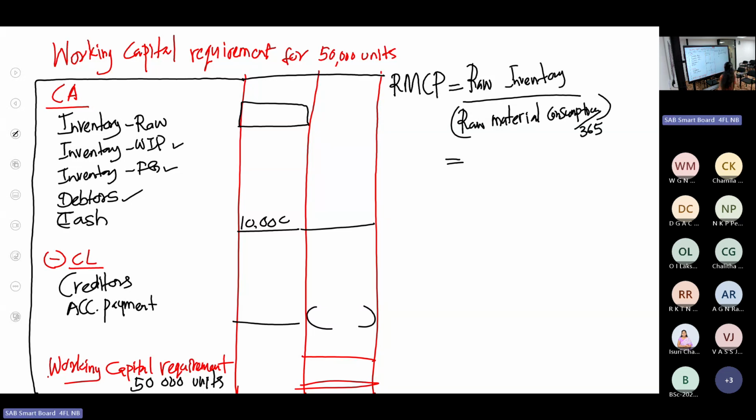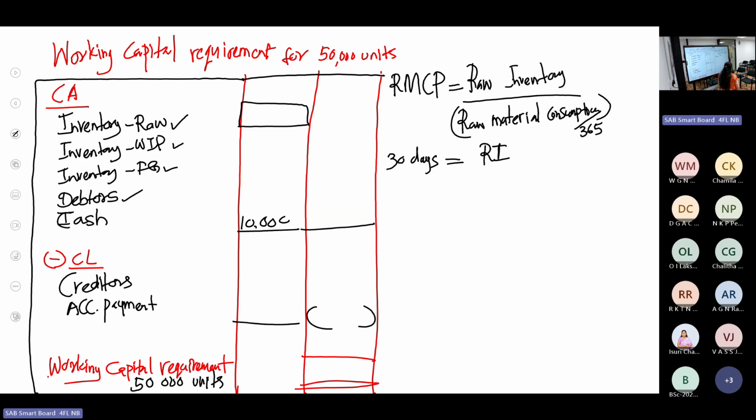Exactly, 30 days, right? But we don't know raw material. Therefore, we can put it as unknown. That is what we need to find. We need to find raw material inventory.